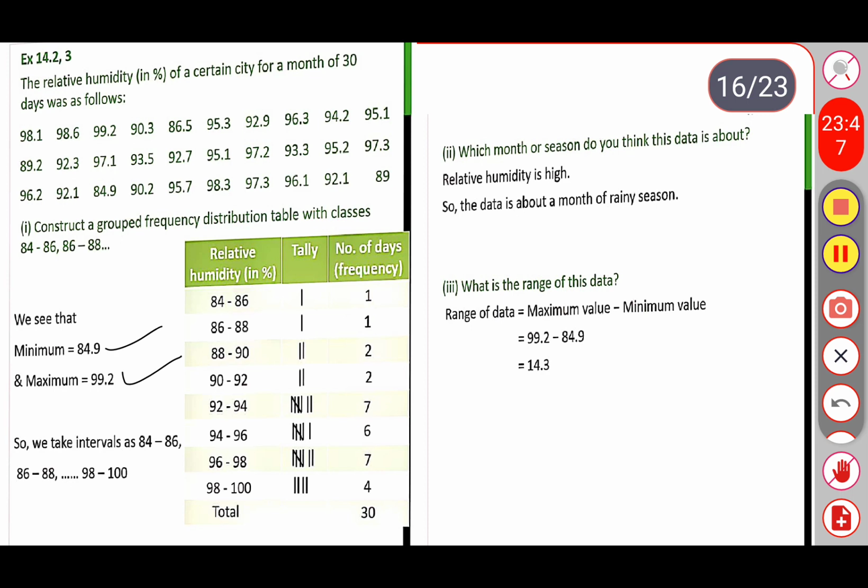It means the least value belongs to the class interval 84 to 86 and the maximum value belongs to the class interval 98 to 100. With the help of these lowest and highest values, we can easily write the class intervals, from 84 to 86 and the last class interval is 98 to 100.